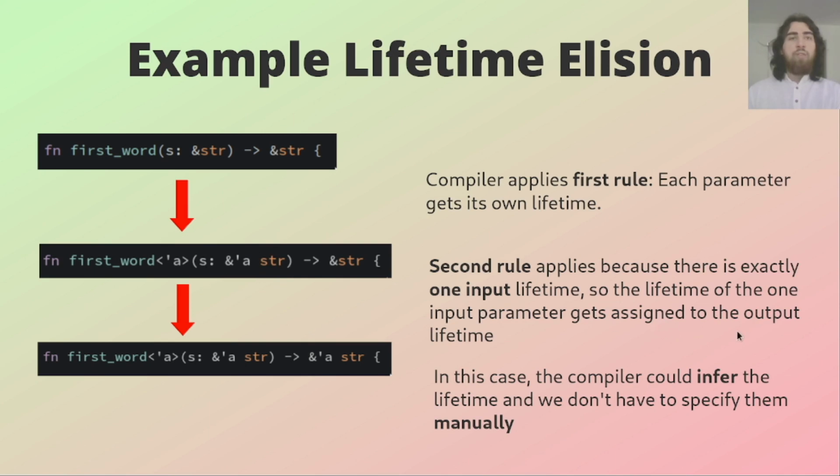So this gets assigned to the output lifetime, meaning the output reference must be the same reference. We are taking a reference, so it must be the same when we are returning a reference. So in this case, the compiler could infer the lifetime and we don't have to specify it manually. What the compiler will do is just annotate the same lifetime as for the input argument, right? So this is all inferred. You can write it like that and it will compile. You don't have to worry about lifetimes.